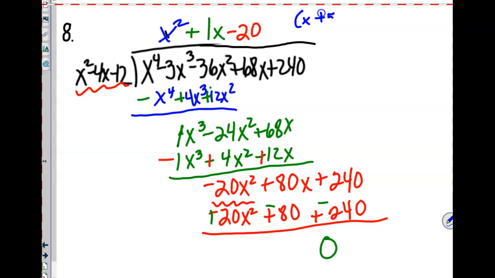X plus 5, x minus 4, does that work? Okay, but it was divisible by this, right? If we were checking this problem, we'd have x squared minus 4x minus 12 times this answer. So if we can factor that one too, we'll have all the factors. X minus 6. Anybody disagreeing?